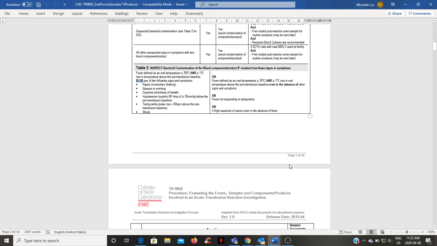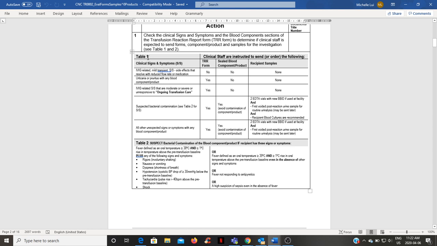Okay, so table 1 indicated we received everything we needed: EDTA, urine, the product, and the form. But we did not need to do anything further because of suspected bacterial contamination. If we did, the other additional thing here is recipient blood cultures are recommended if it fits into this table 2 category.